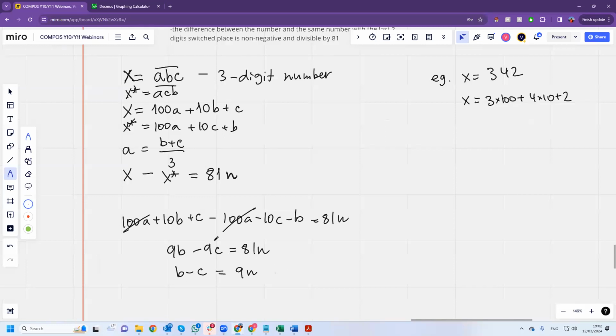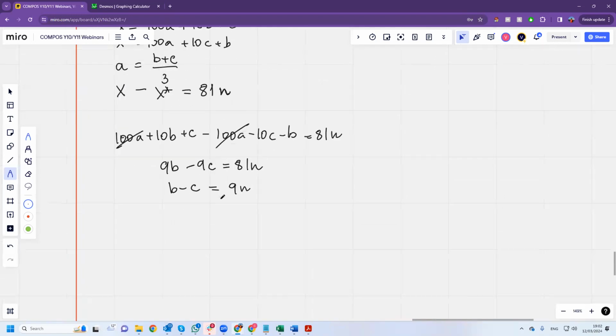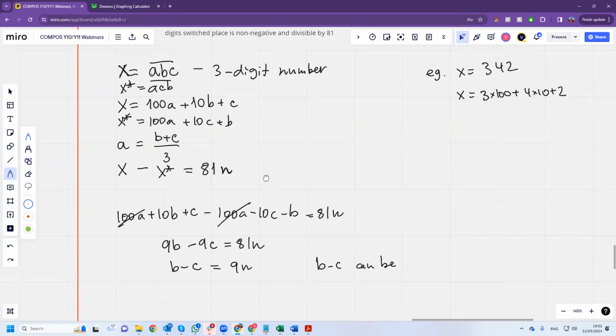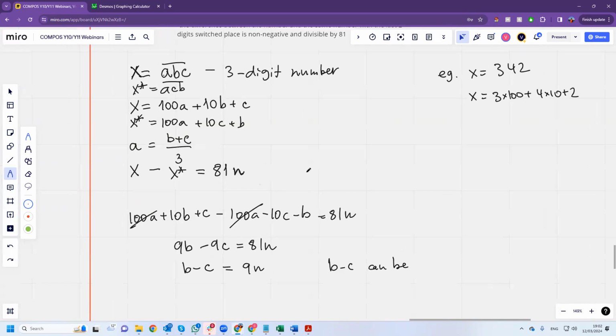Basically what it says is that the difference between B and C, B minus C, can be, well, it can't be 0 because it says, wait, what does it say?